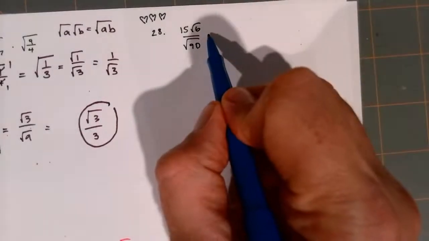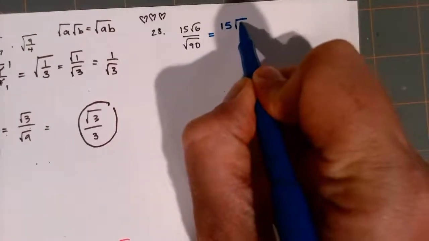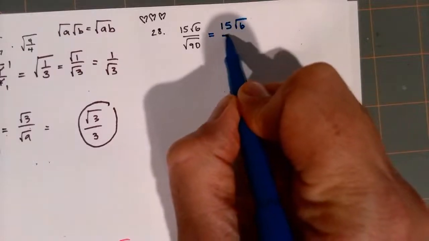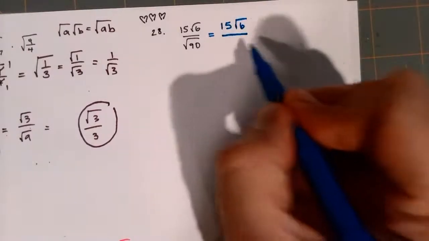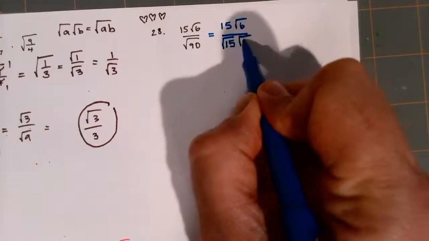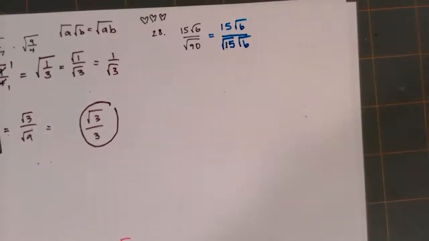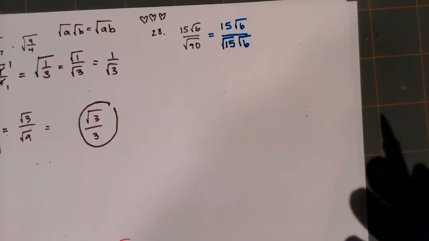But I would make this equal 15 times root 6. And I'm going to tell you, I happen to know that root 90 is equal to root 15 times root 6. Okay? Now again, there's about 10 ways I could get you here, right?